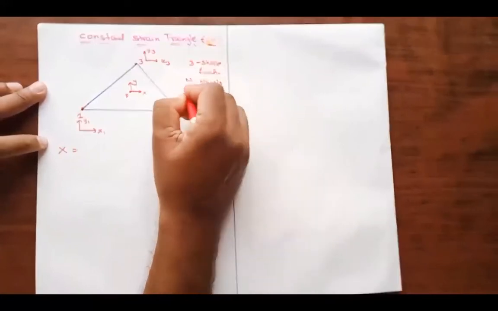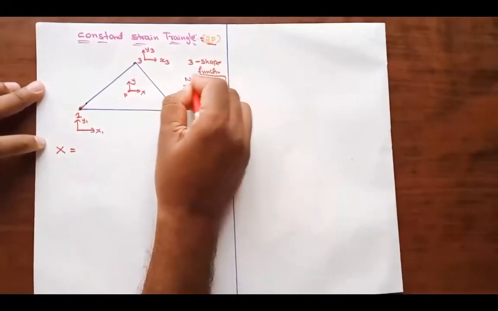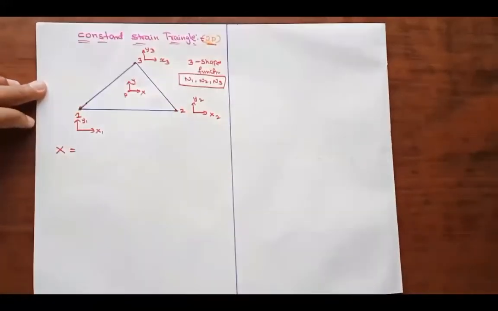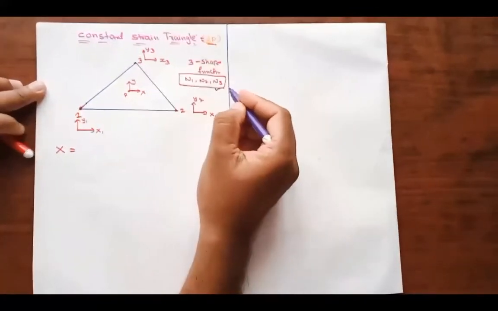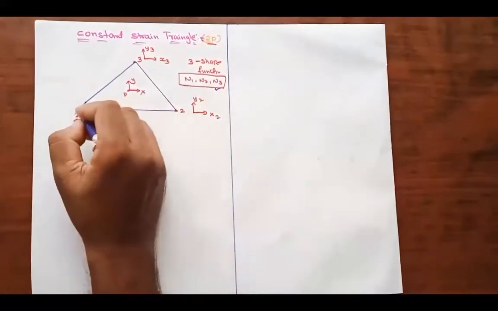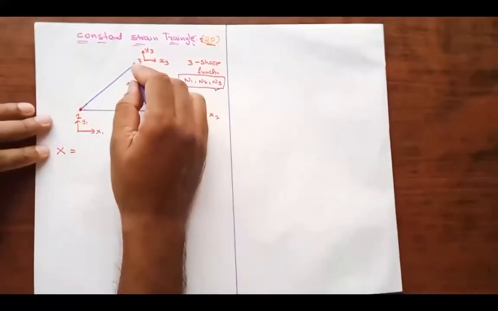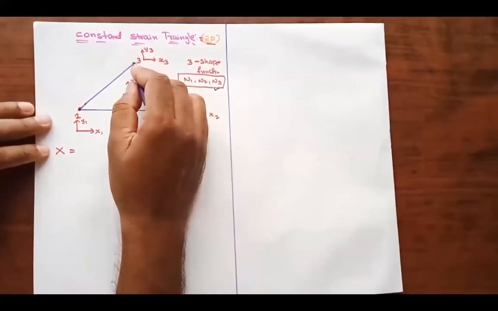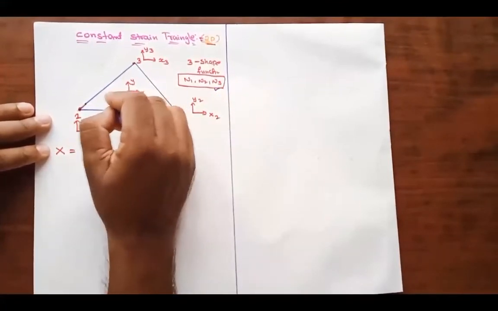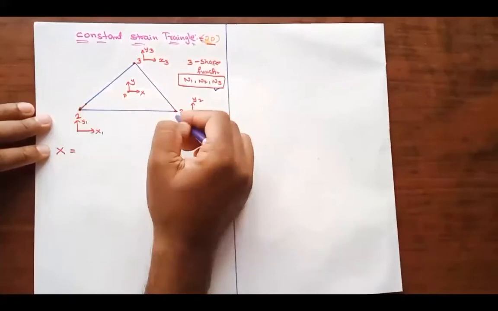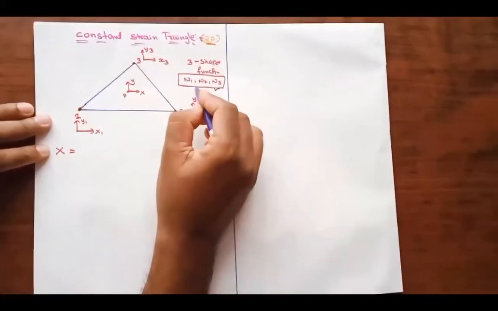These three shape functions exist at each nodal point and are very important. In a given constant strain triangle there are three nodes, that's why you will get three shape functions.